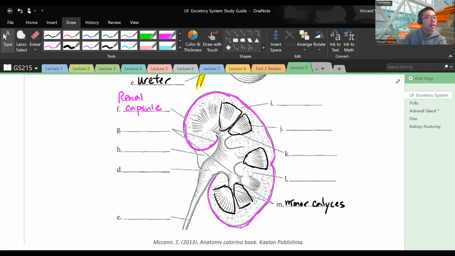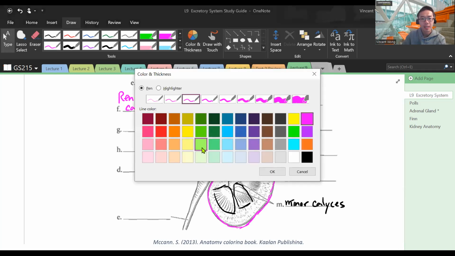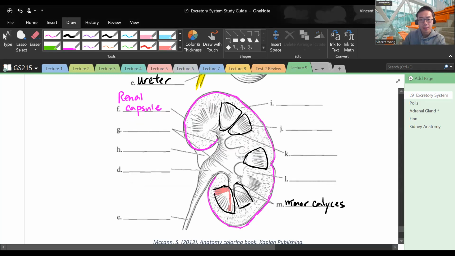Let's see what else we have. K is renal papilla. Very good. And I'm going to color the whole thing right there. That's the whole thing right here. That's the pyramid. And I'm just going to color a few of them.